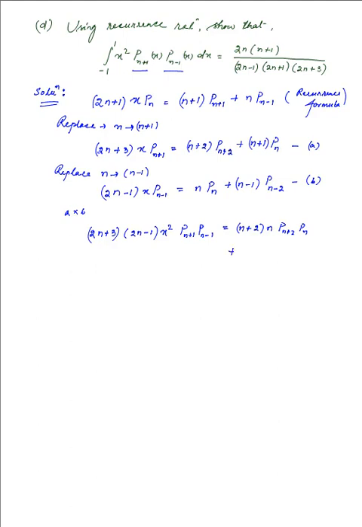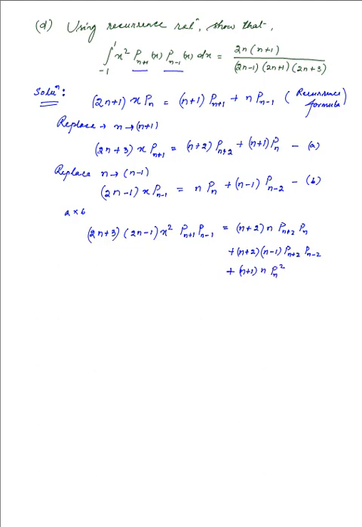So n plus 2, n minus 1, P n plus 2, P n minus 2. The second term of the first multiplied to the first term of the second, that is n plus 1 times n, Pn squared.